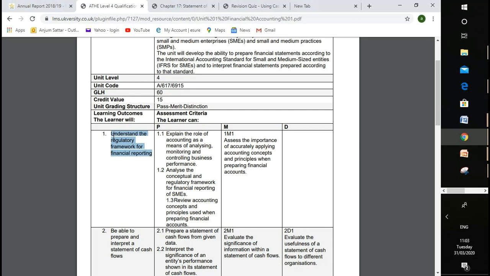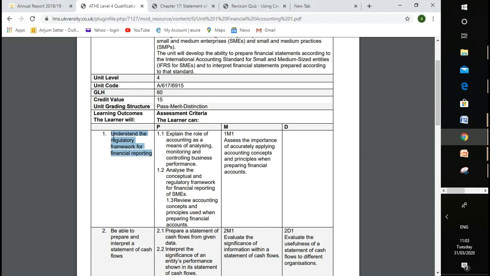We discussed materiality, which means significant. We discussed the qualitative characteristics of financial statements: prudence, comparability, verifiability, understandability, and timeliness.